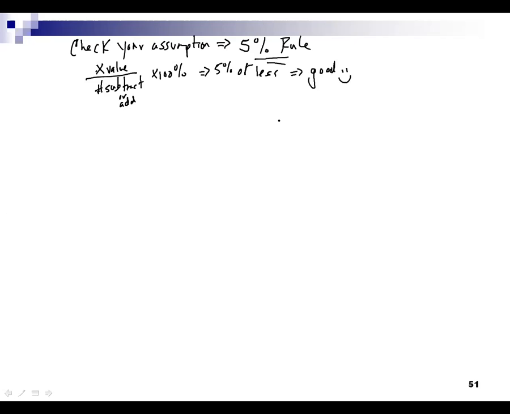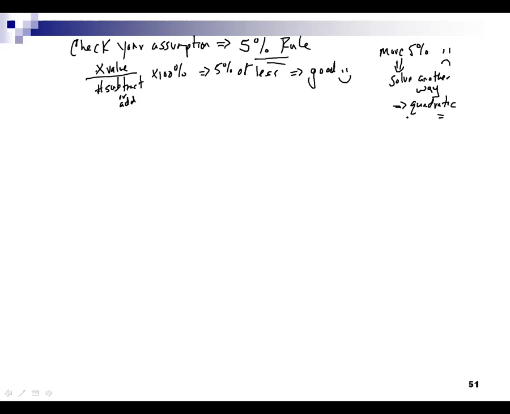If it's more than 5%, you put the unhappy face, and that means you have to go back and solve it another way. For our purposes, that probably will mean some type of quadratic way to solve it. So you do need to check it.